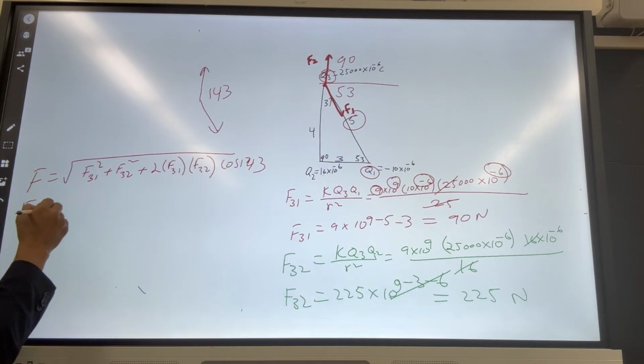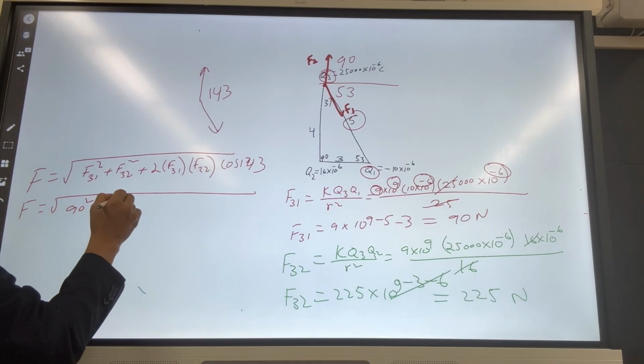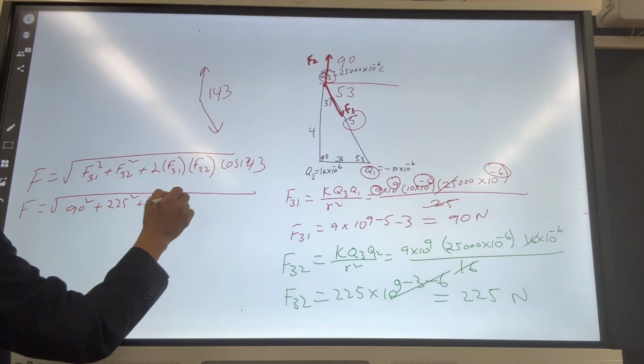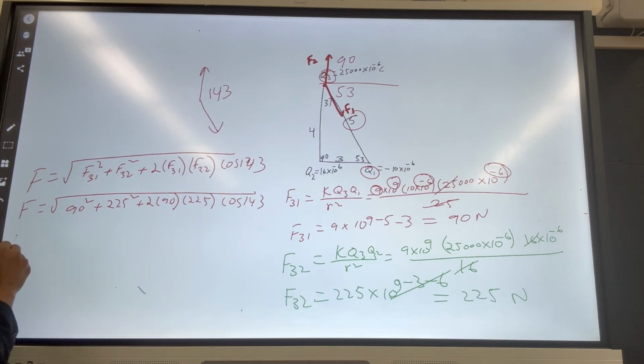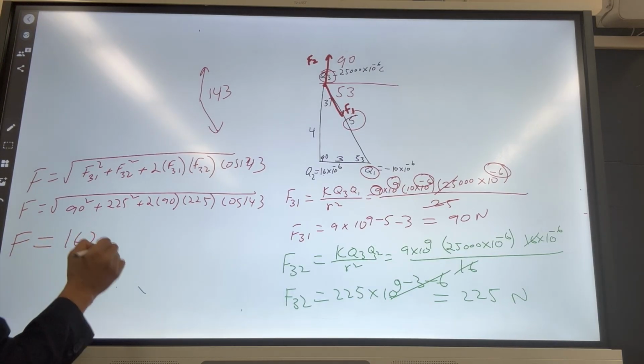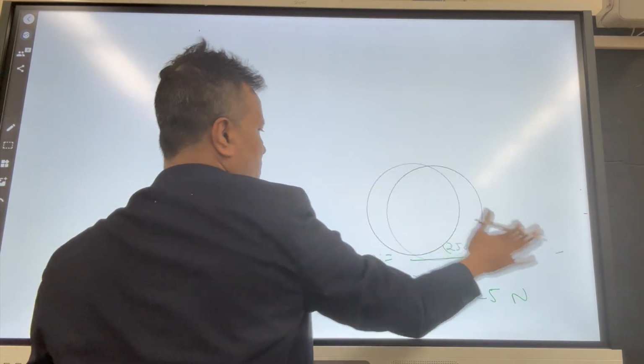So F is 90 squared plus 225 squared plus 2 times 90 times 225 cosine 143, under the root. So F is 162 Newton. Okay, that takes us to the last problem, 14.